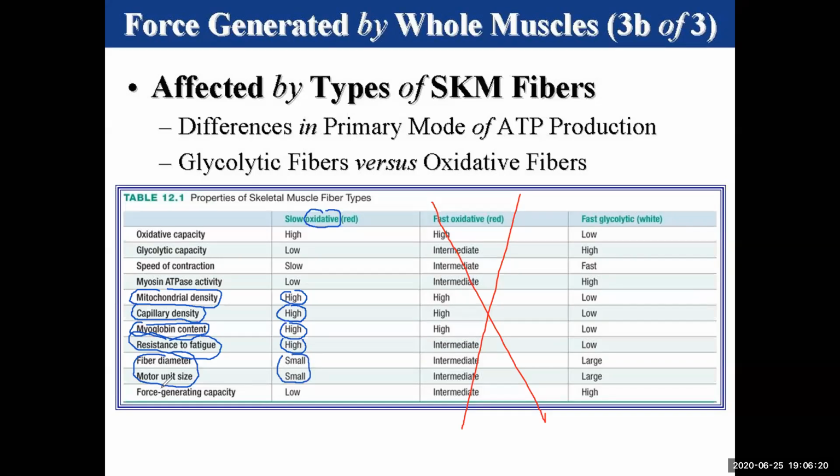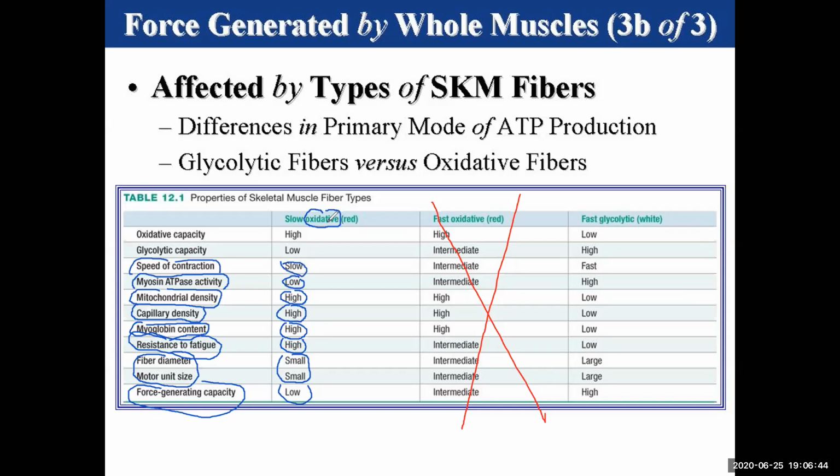And because of that, they have weak tension generating capability, so low. And also they have little myosin activity, so low here, leading to slow speed of contraction.